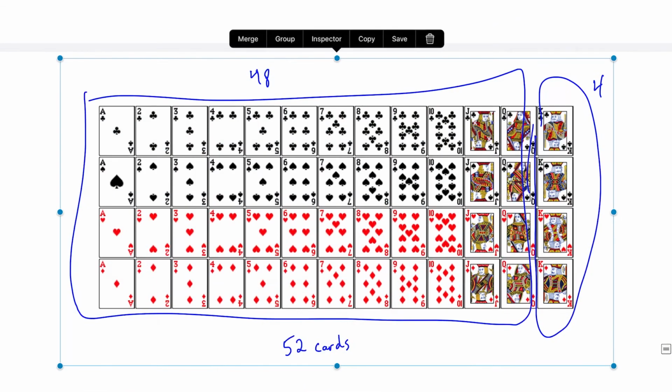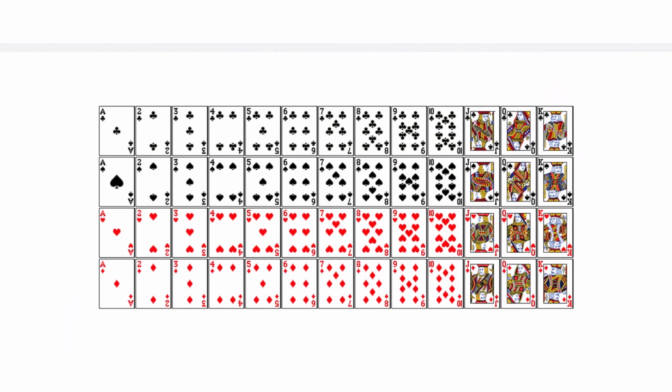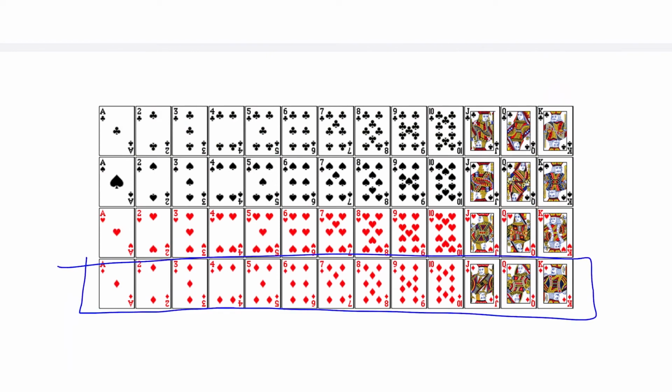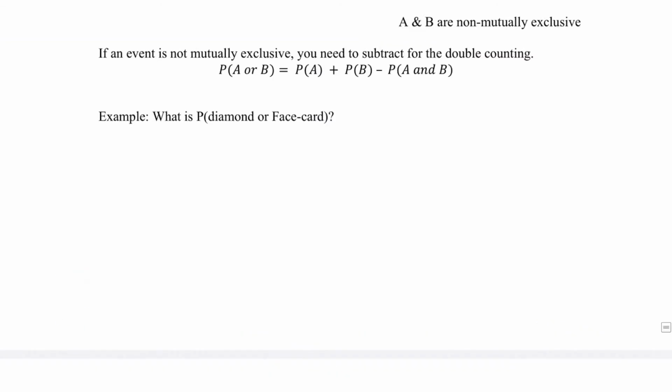And right down here on the bottom row are our diamonds. And there are 13 cards right there. Again, there's 52 cards in a whole deck of cards, which means the rest here is 39. So how many not diamonds are there? There are 39 not diamonds, and there are 13 diamonds.